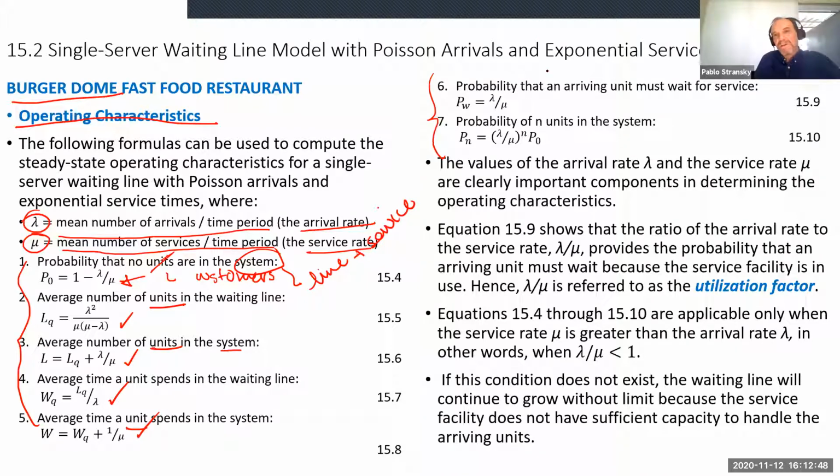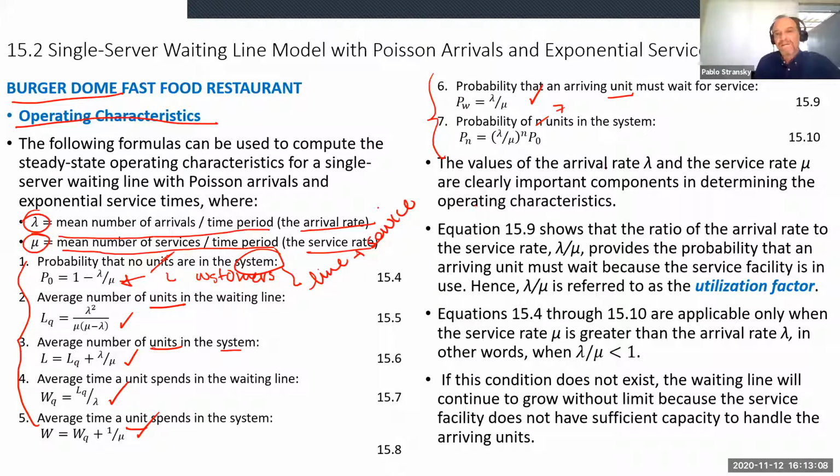The probability that an arriving unit must wait for service is given by this one, and the probability of n customers in the system, okay? And we're going to work with 7 here.